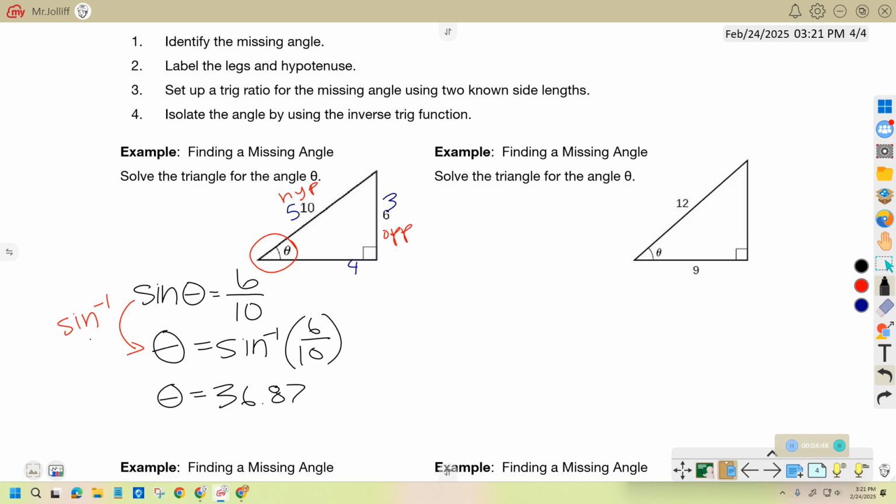Did anybody else get 36? Yeah? Okay. I'm not sure what happened there. Fascinating. We'll have to double check. And this is in degrees. That makes sense. I know it needed to be something smaller than 45 because it was opposite the shorter of the two sides.